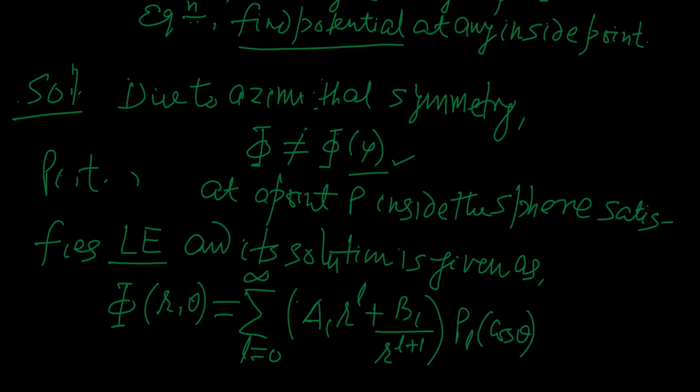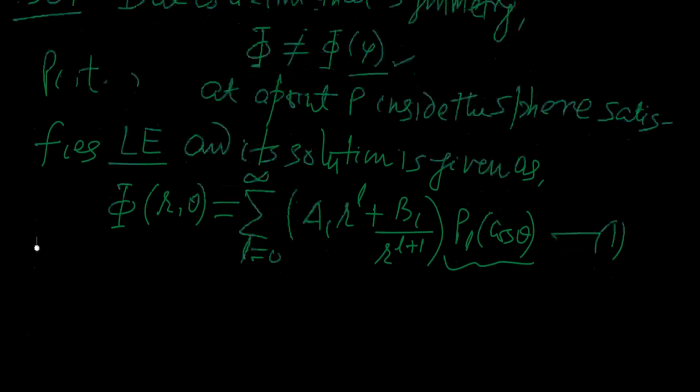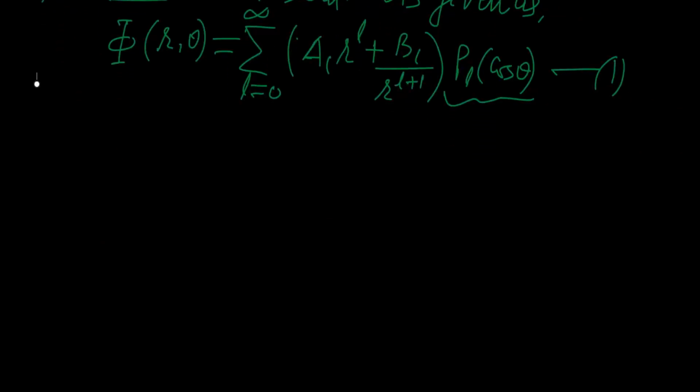Remember, in this equation, PL of cos theta is in fact Legendre's polynomials. As you have seen, in case of azimuthal symmetry, m is 0, and when m is 0, then the associated Legendre polynomial becomes Legendre polynomials.